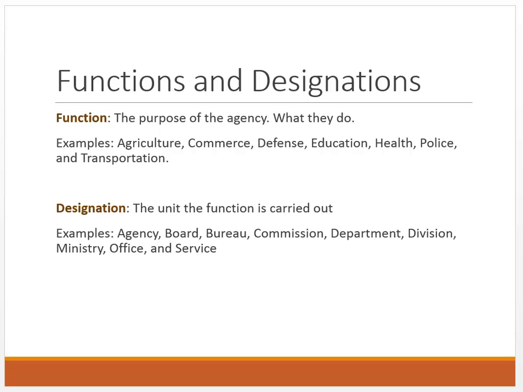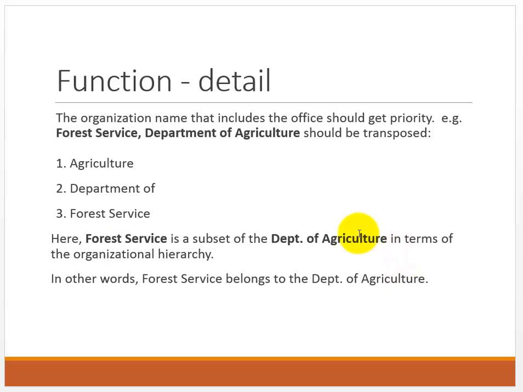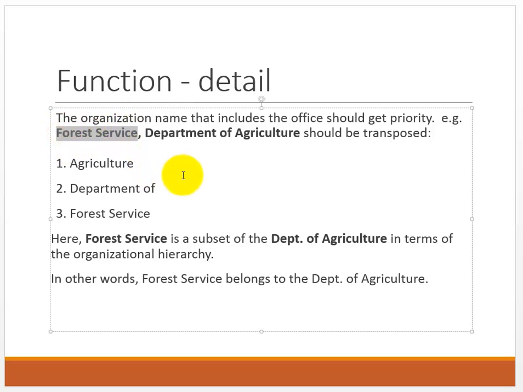All right, so let's talk in a little more detail about function. Function is basically what they do and what it is about. For example, you have the Forest Service.